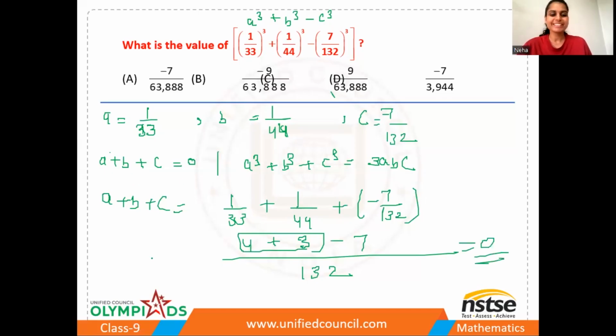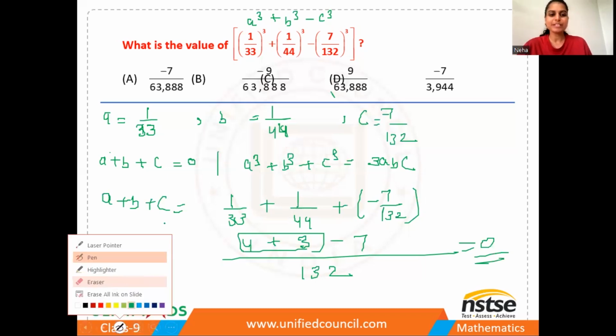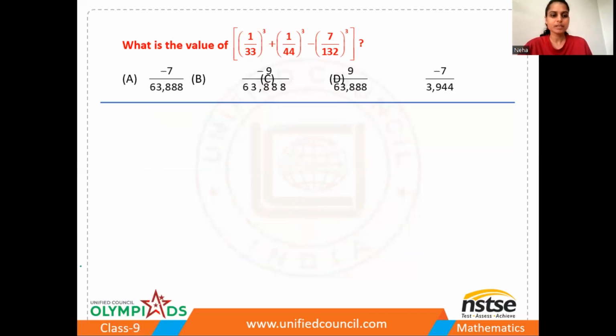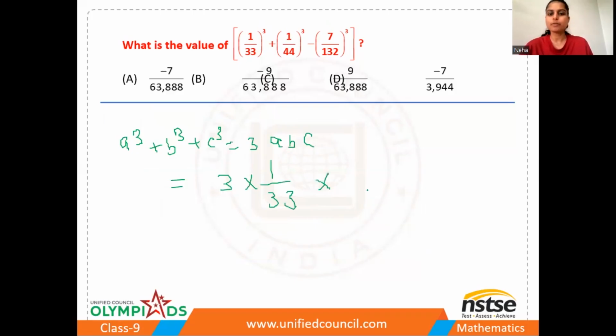So I can say that A cube plus B cube plus C cube is equal to 3ABC, right? So this is 3 into A, what is A, my dear students? A is 1 upon 33. B is 1 upon 44.